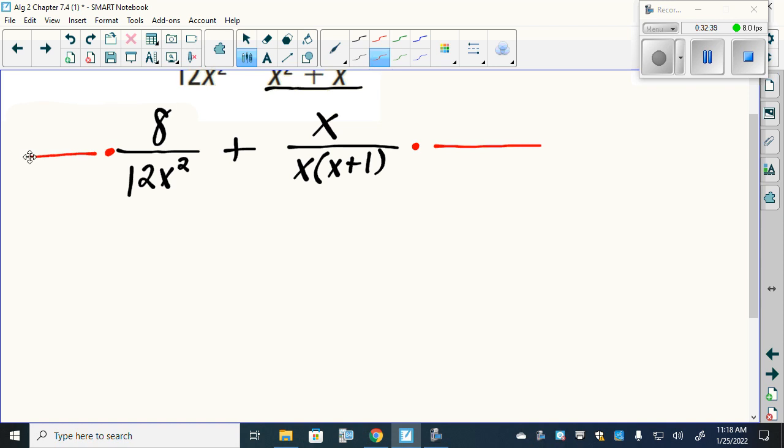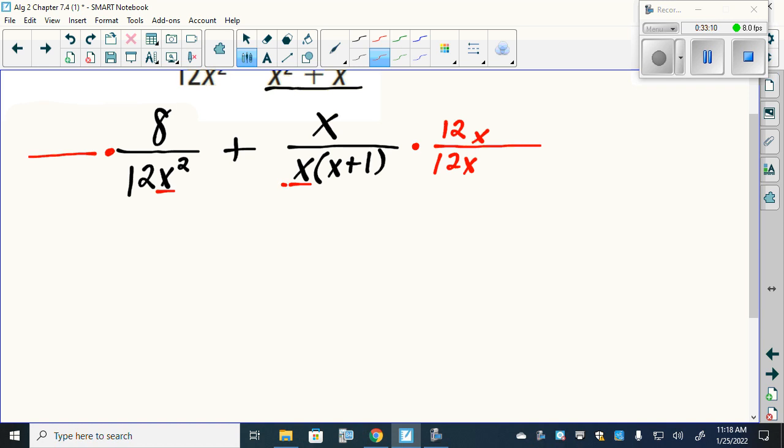So what does the 12x squared have that the x times x plus 1 doesn't? So it's missing the 12, and we'll need to multiply top and bottom for this here by 12. Anything else? Here we have x squared. Here we just have x. So since it has 2 and this one only has 1, we need this one to have a second x for them to be the exact same.